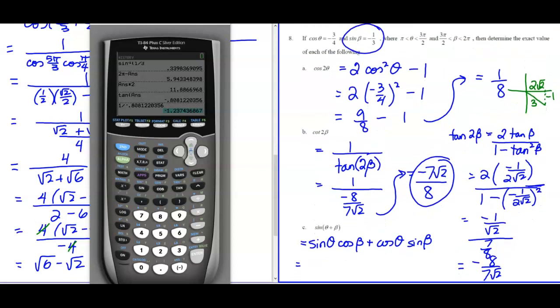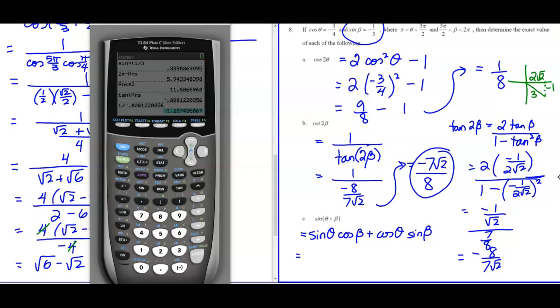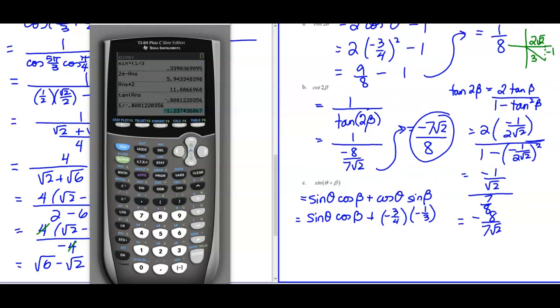So you know sine of beta is -1/3 and cos of theta. So here, we don't know this or this, but we know this and this. Okay, so we need to work from the information given to get the ratio for sine of theta and cos of beta. So here, this last question was in terms of beta.